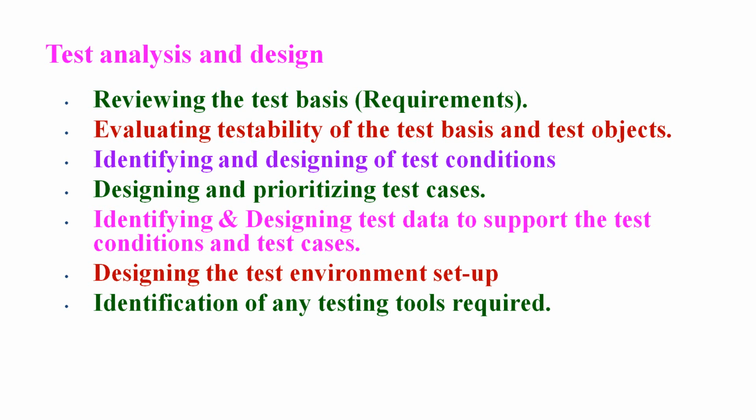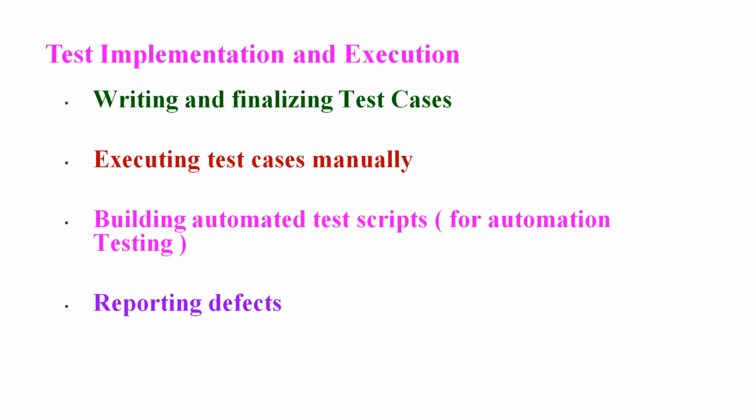So these are all the different activities of test analysis and design. And next, test implementation and execution. Here, writing and finalizing the test cases. See, earlier we discussed that each and every document has to undergo 3 stages. What are these 3 stages? Designing of the document, reviewing of the document, and freezing and getting approval from the authorities.